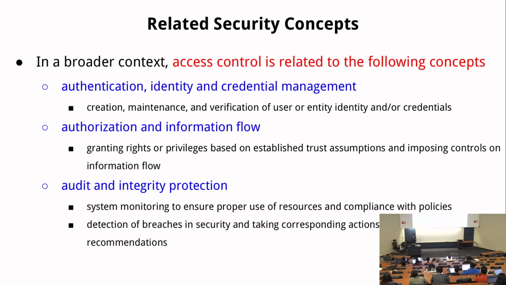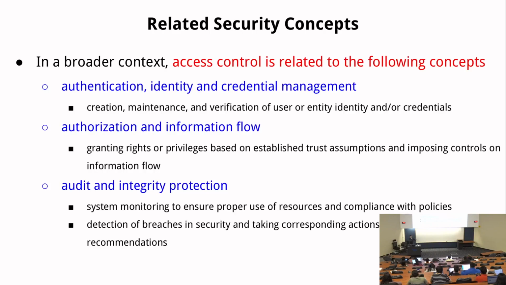Access control is also related to another concept called authorization. However, authorization usually happens before access control. Authorization is about someone giving a subject, or other subjects, some permissions, some rights to do something.